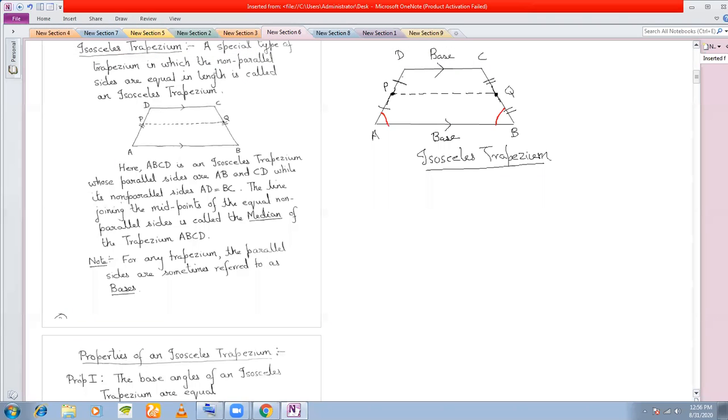Also, these two angles will be equal. These are the base angles. So if an isosceles trapezium is given to you, then you can conclude that these two red angles are equal and these two blue angles are equal because they are the base angles of the trapezium.